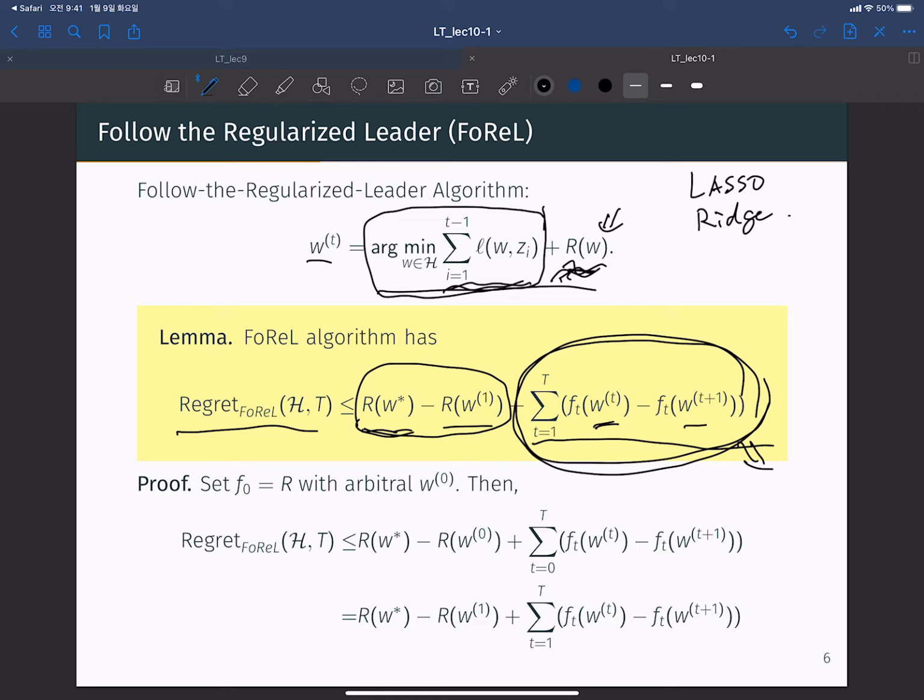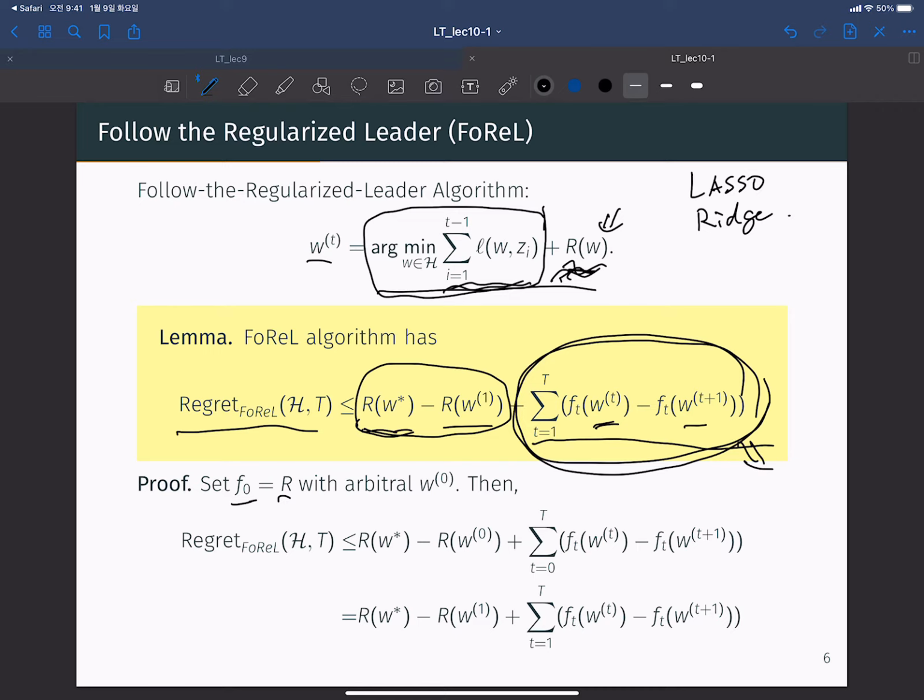So the proof is very simple. Let's assume the algorithm does not start from the f_1 function, but starts from the f_0 function, with just the pure regularization function R with an arbitrary starting point w_0.